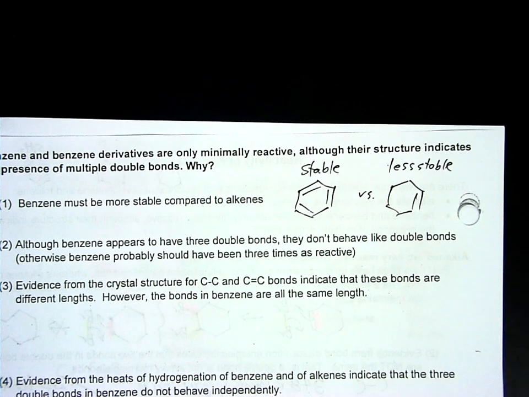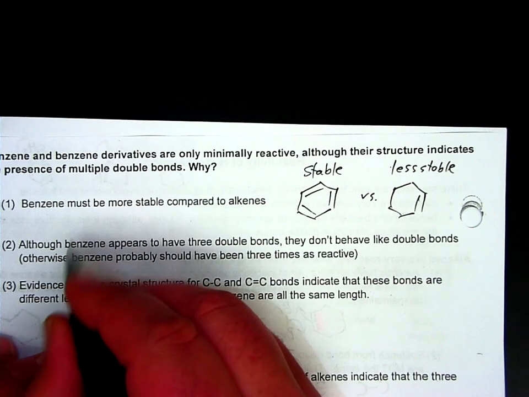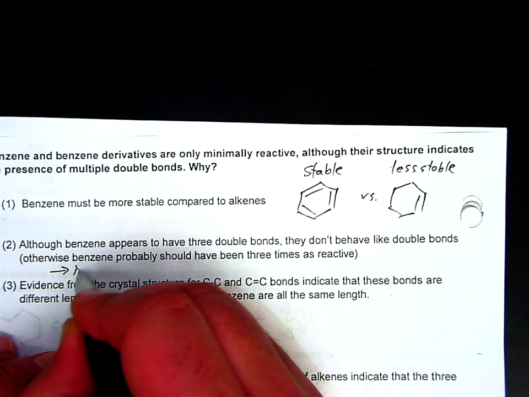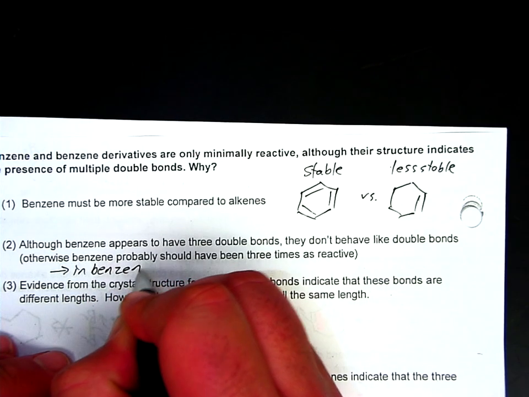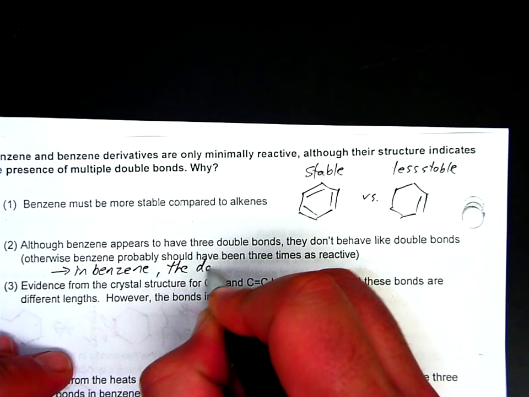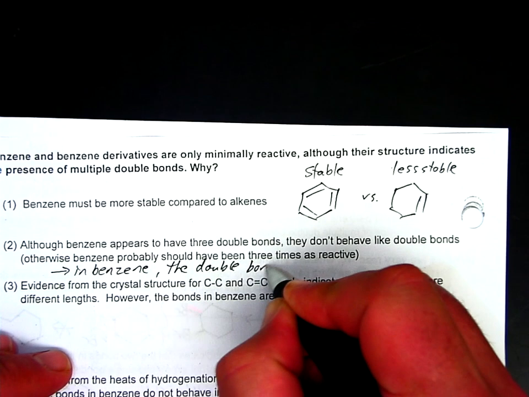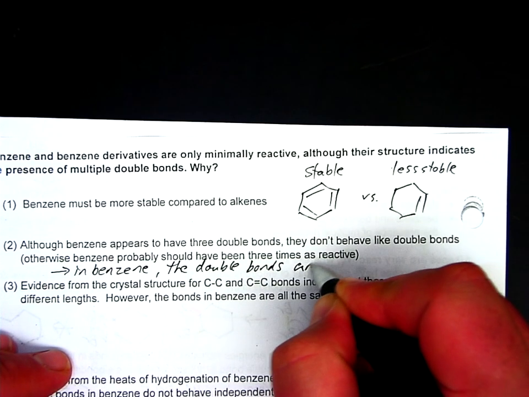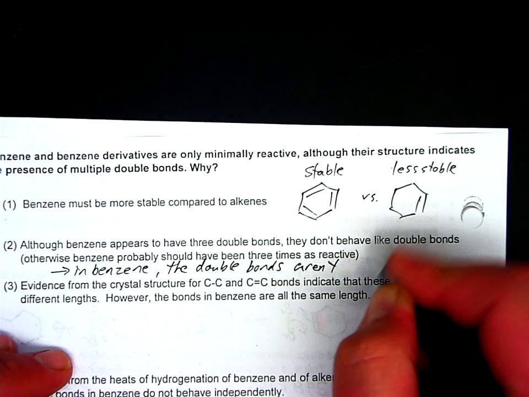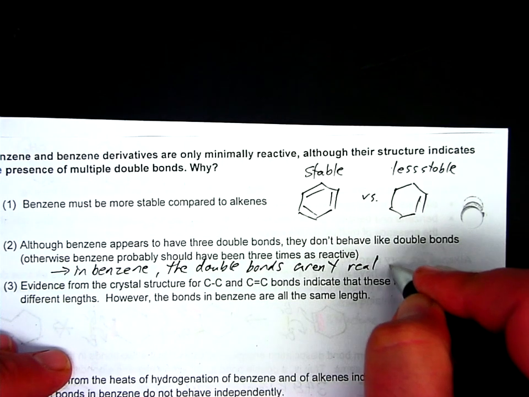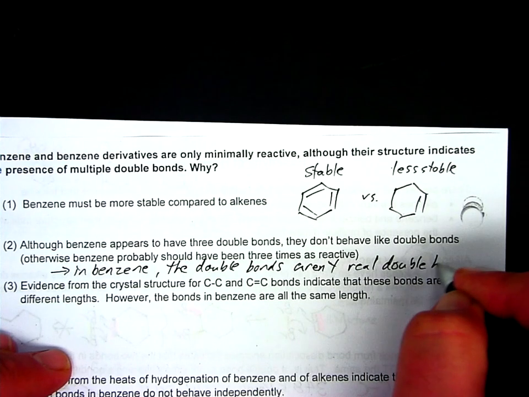So how does that play out? Although benzene appears to have 3 double bonds, they don't behave like individual double bonds. Otherwise, benzene would probably be 3 times as reactive. So what it's suggesting is that in benzene, the double bonds aren't real double bonds.